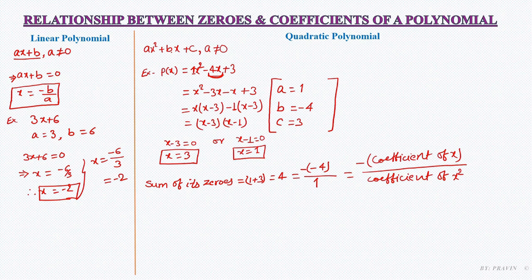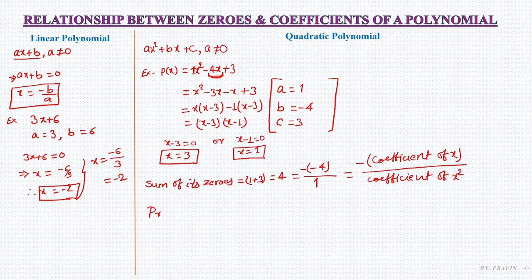What is the coefficient of x here? Here the coefficient of x is minus 4. So minus times minus 4 will give you a positive value, divided by the coefficient of x square. The coefficient of x square is here 1. So minus into minus 4 divided by 1 will come out to be 4.